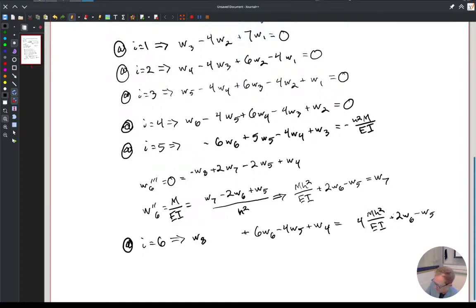Now this is 8 and this is 4. So we've got minus 4w5 on both sides, so I'll get rid of this one. And then an 8w6 on this side, so that becomes a negative 2.